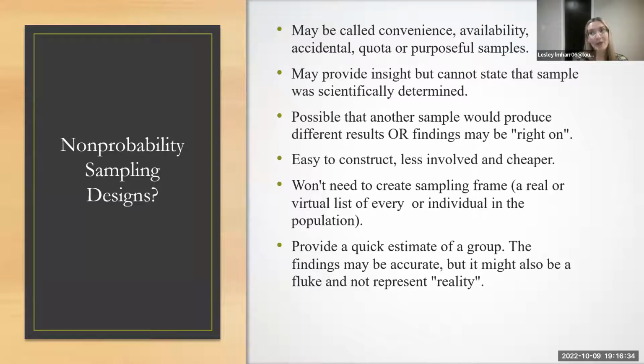If your sampling frame is a little bit larger, let's say the entire state of Kentucky, and you are looking at every child welfare worker in the state, you might use probability sampling, which means that you are going to include randomization.